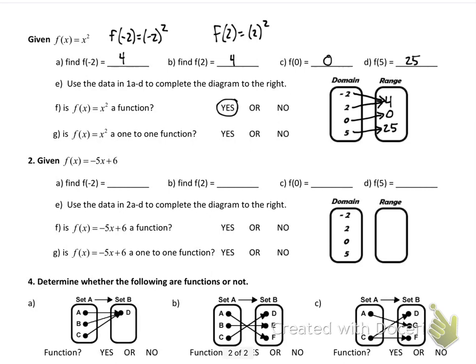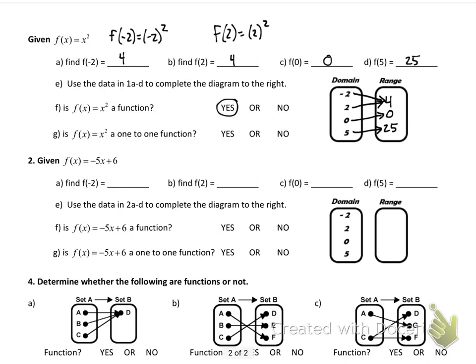Some people might not have thought this was a function, because you're kind of thinking of the next question. Is it a one-to-one function? You might not know what one-to-one means. But let's think about this. If a function is where every input has only one output, then a one-to-one function is one where also every output has only one input.